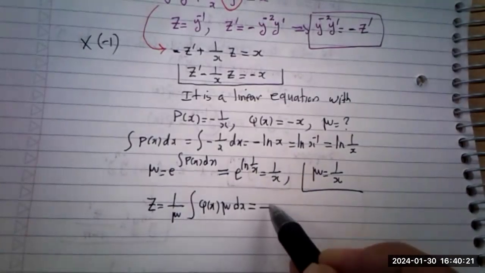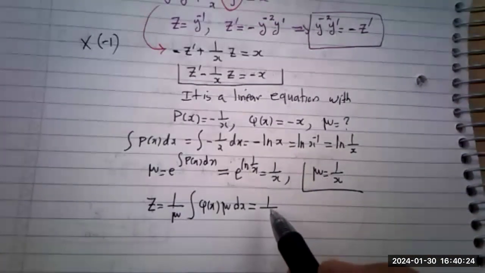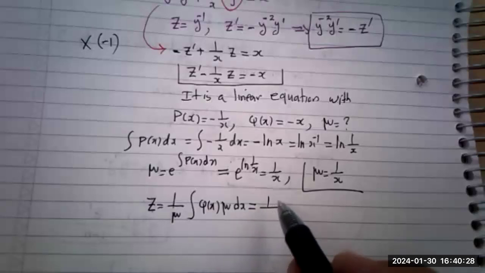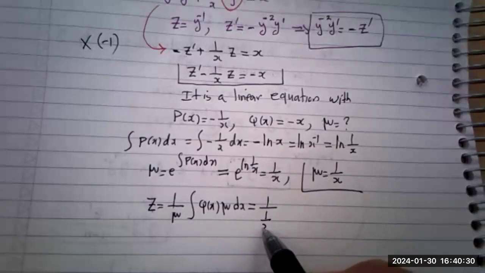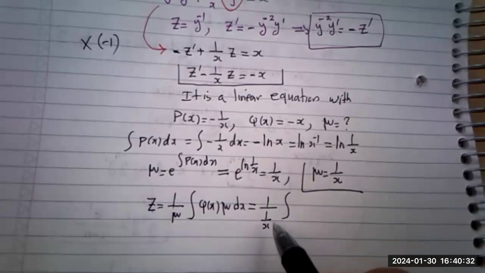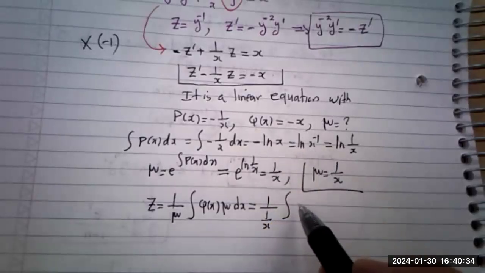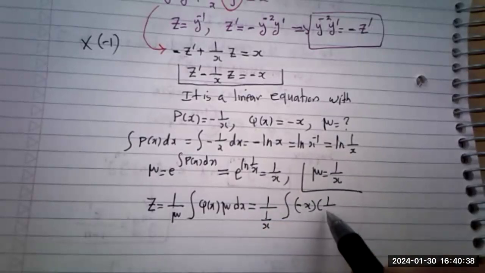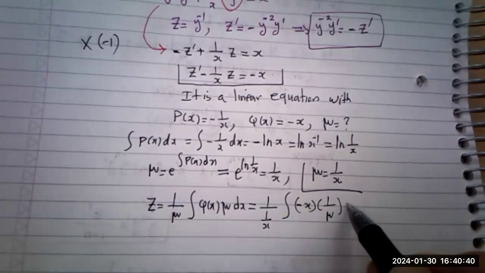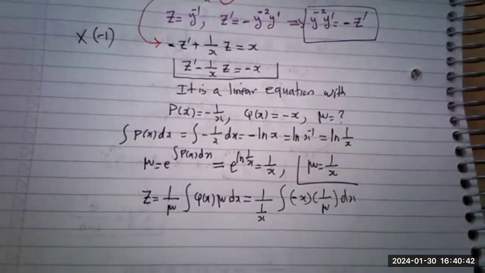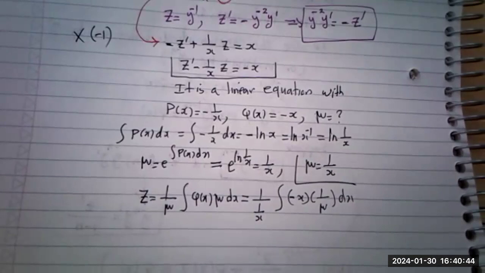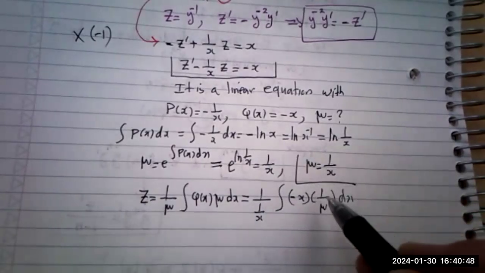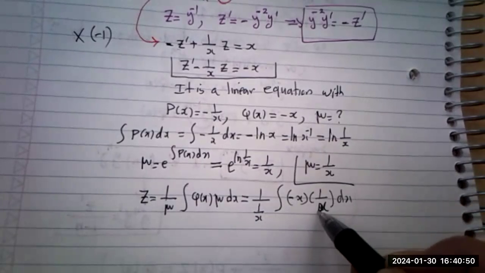So this is going to be 1 over 1 over x. The integral of q of x is negative x times mu, which is 1 over x, dx.